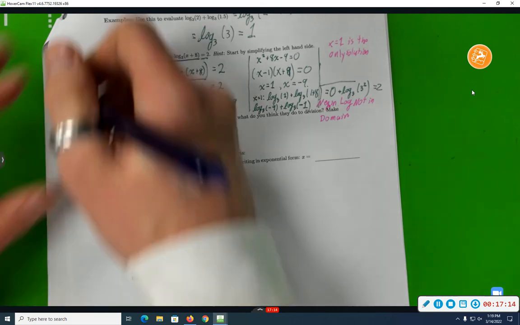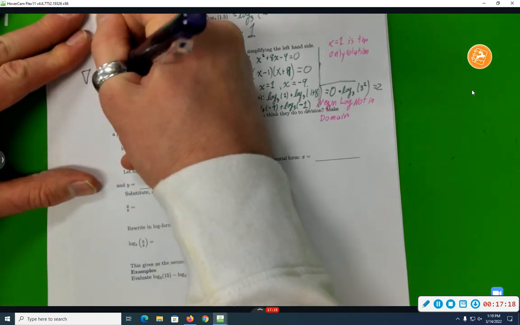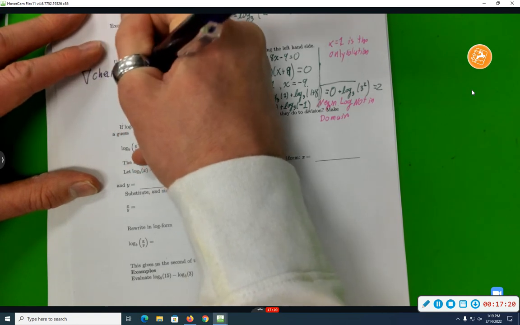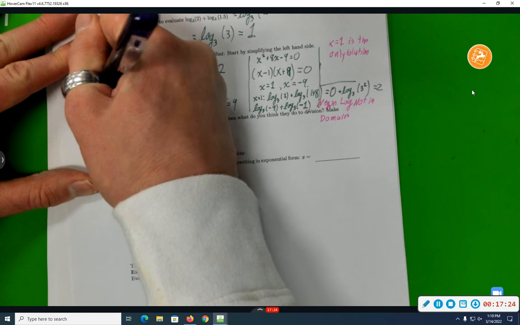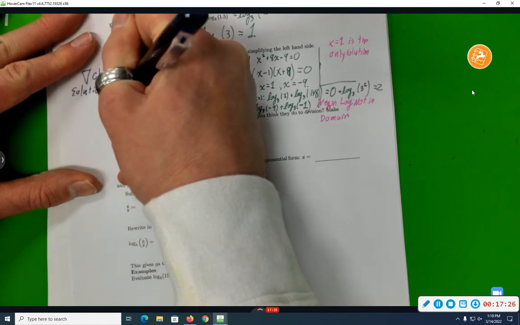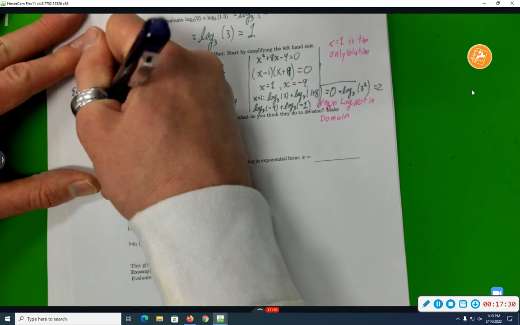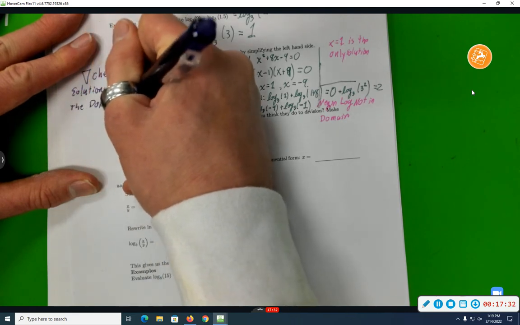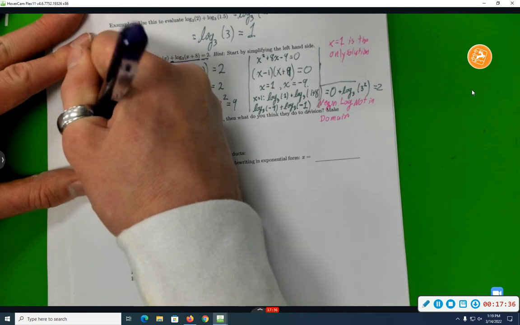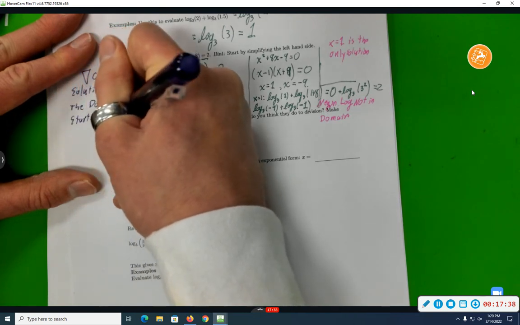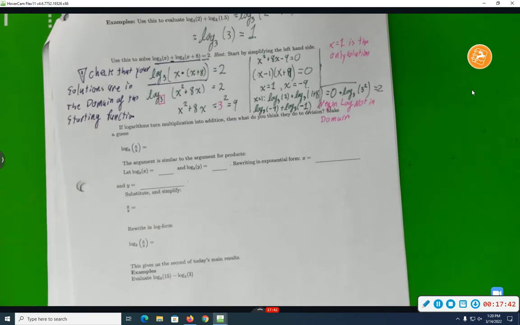So the big thing is, here's the caution. Check that your solutions are in the domain of the starting function. And that triangle is supposed to be like a caution sign.